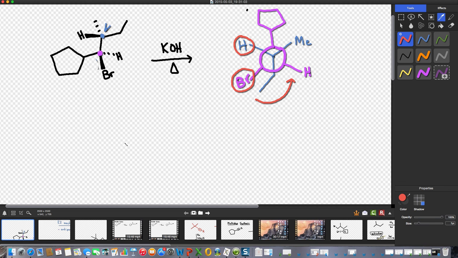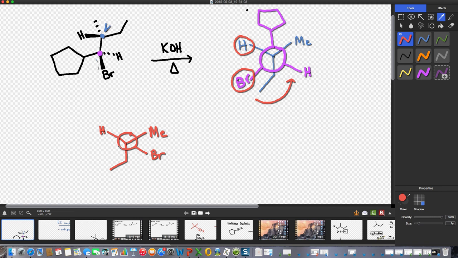So when I do this, the methyl group stays where it is. Hydrogen stays where it is. Ethyl stays where it is. But now the bromine is down and to the right.